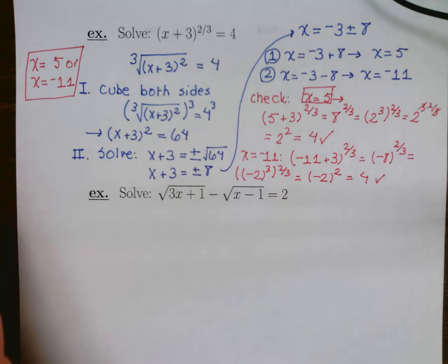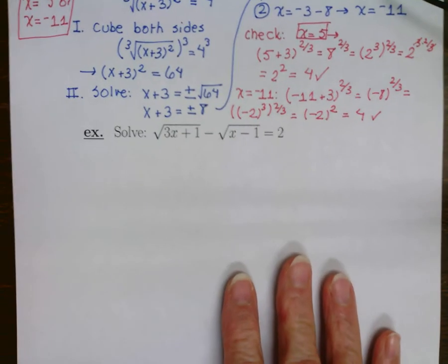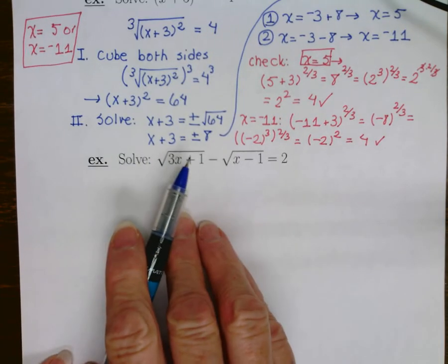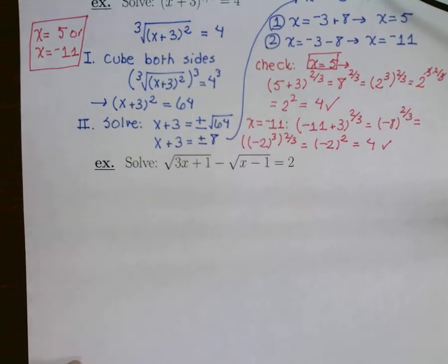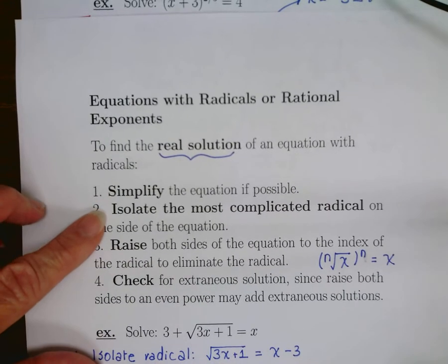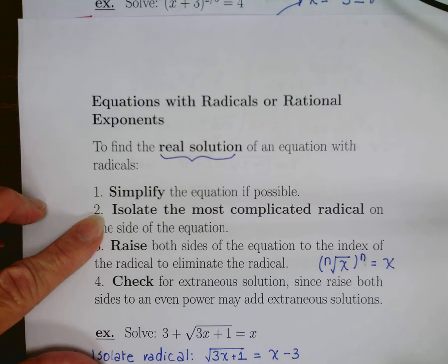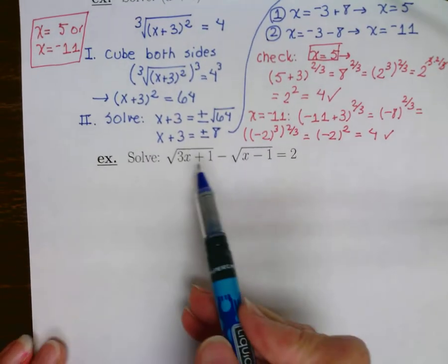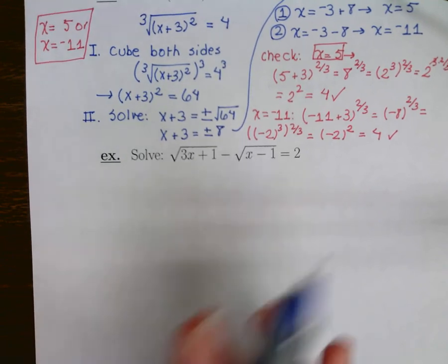Okay? All right. So now let's see what happens if I have two radicals. Now here's where the first instruction, which said isolate the most complicated radical, comes into play in this example, because I can do it either way.